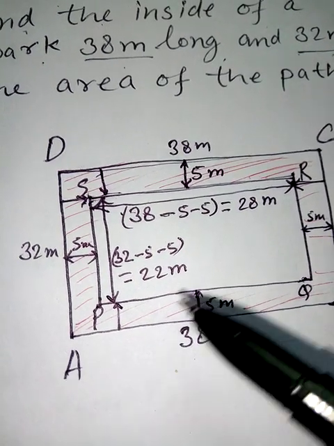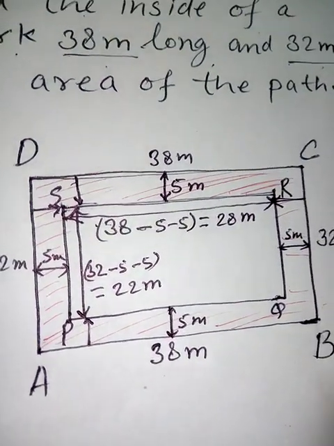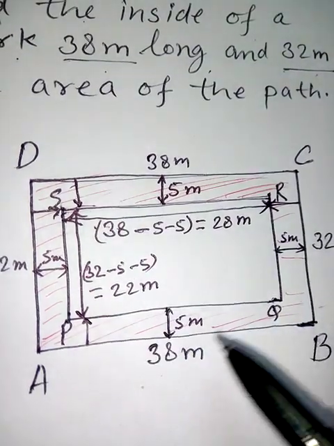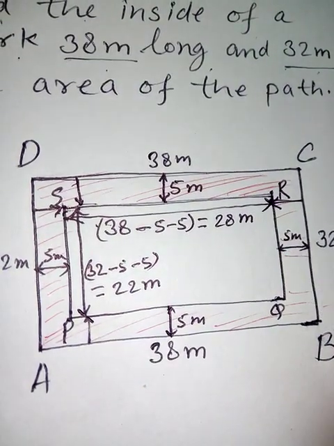Now we have to find out the area of the bigger rectangle ABCD, and then the area of the smaller rectangle PQRS, and then subtract.